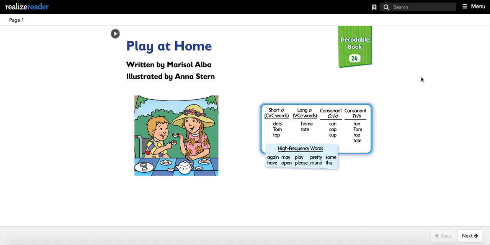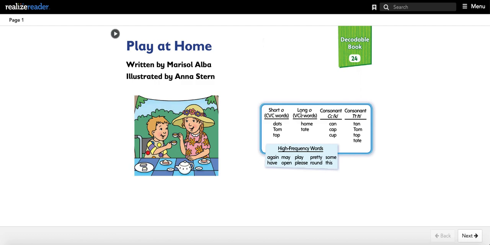We're going to go ahead and start our lesson with a decodable book, Play at Home. Before we start, let's look at some of the words that we're going to see in the story. Some short O words: dots, Tom, top.